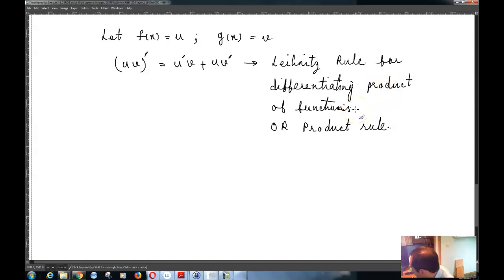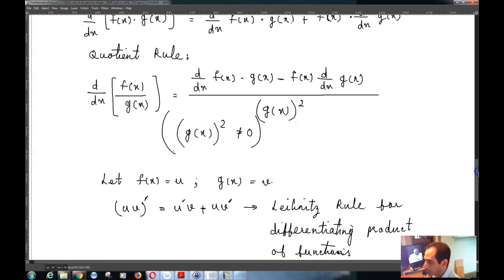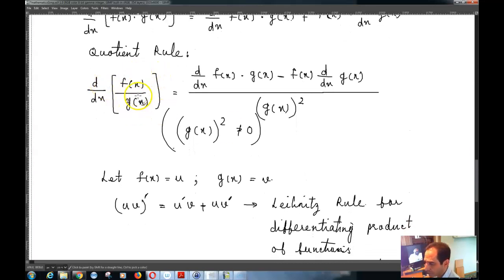Now the quotient rule: we said that d by dx of f of x by g of x is the differentiation of the first function times g of x, and so on.